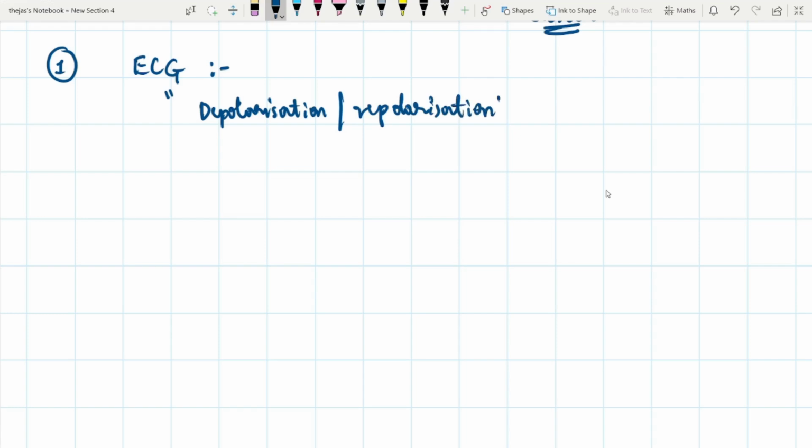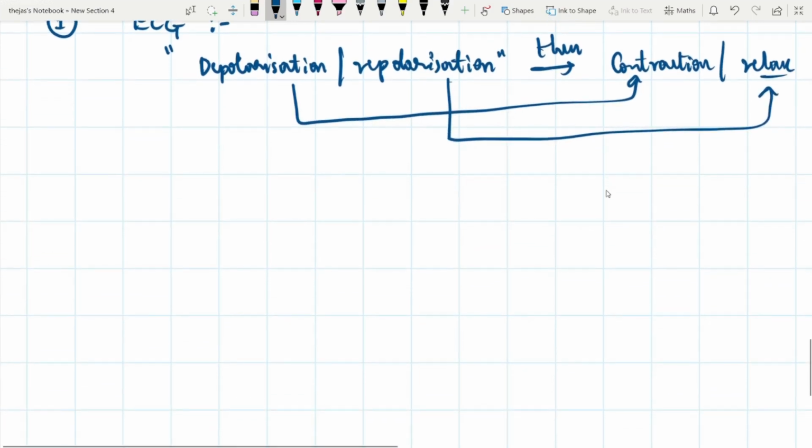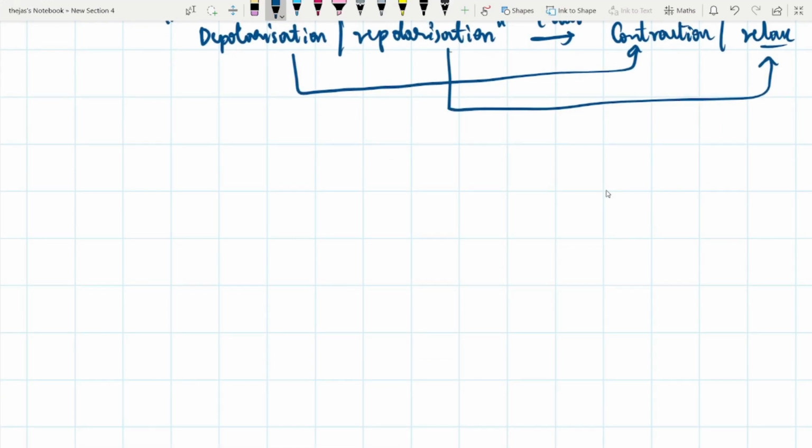These two occur first and then the contraction or relaxation. First depolarization occurs and then contraction occurs. First repolarization occurs and then relaxation occurs. So it is always the contraction or relaxation that follows these two electrical activities. This is one statement you should remember.